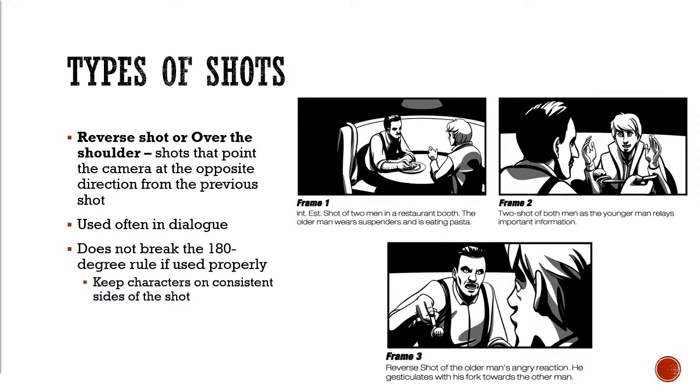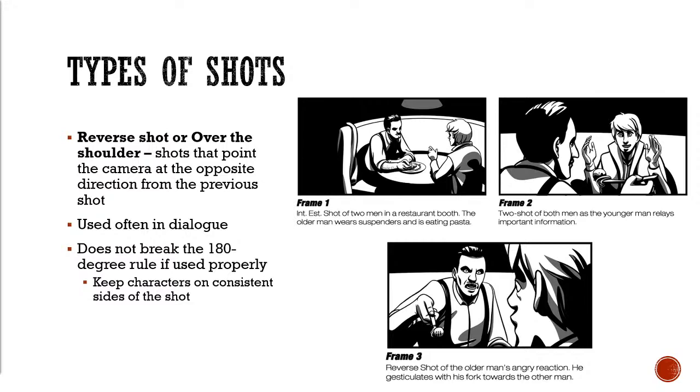The point is that if you are following the 180-degree rule, it actually sets these shots up well. You are going back and forth, but by maintaining something like one character, the older character in this scene, always on the left side of the frame, you can make what would otherwise be a disorienting transition very easy to read, because the character is always staying in the same position.